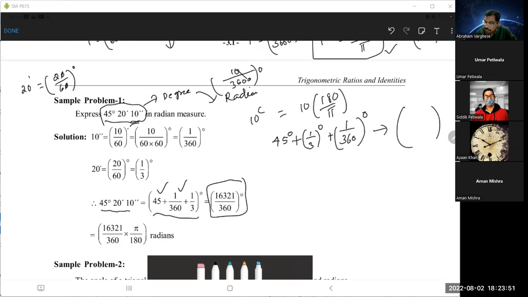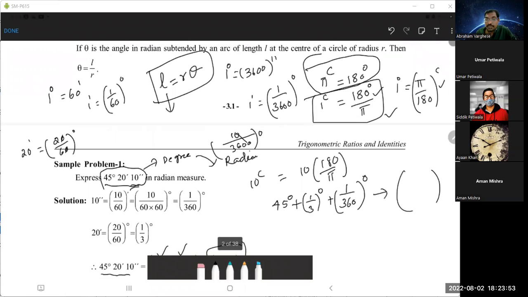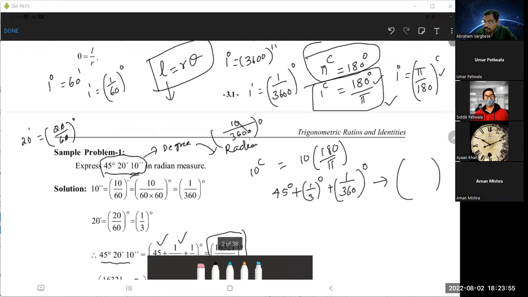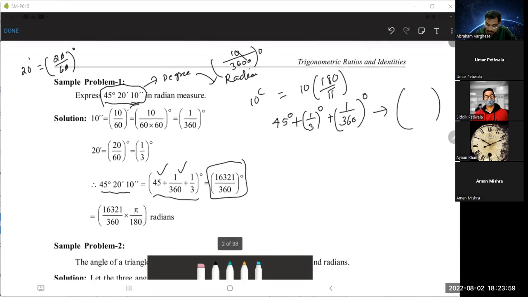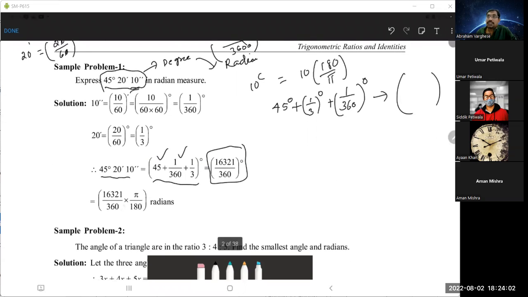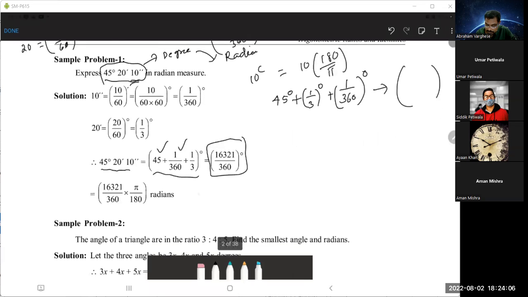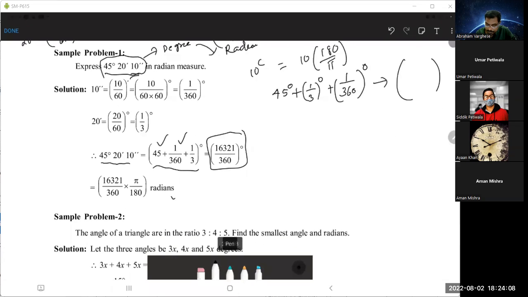How to convert to radian? 1 degree will be equal to pi by 180. Therefore, you multiply 16,321 by 360 into pi by 180 radian. So that is the answer for the question. I hope you have written, everyone.